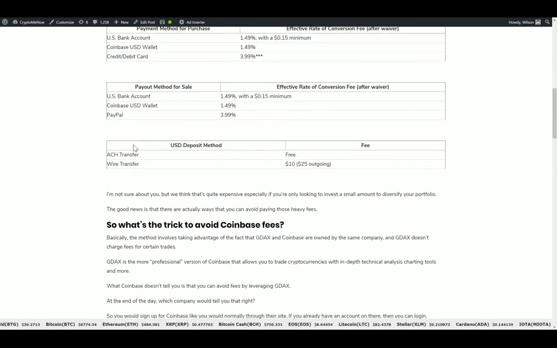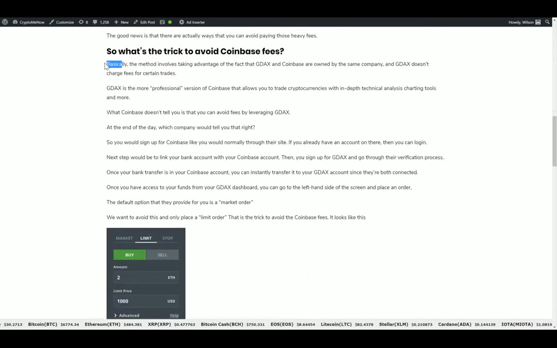The method pretty much involves taking advantage of their GDAX platform. Technically, Coinbase rebranded GDAX to call it Coinbase Pro, and it's pretty much the exact same thing.